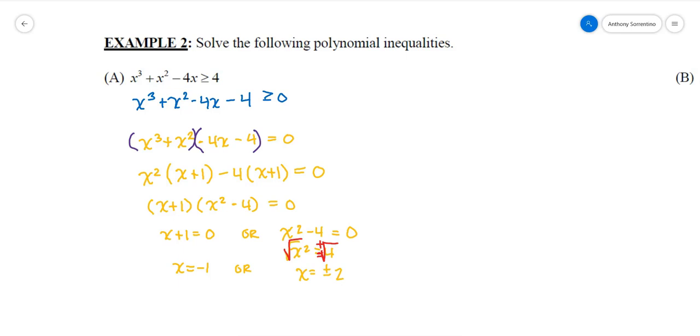So I have 3 solutions to the equation: negative 2, negative 1, and 2. But again, that's the equation. That's not the inequality's answer. So now I have to go and use a number line to figure out what the inequality's answer is.